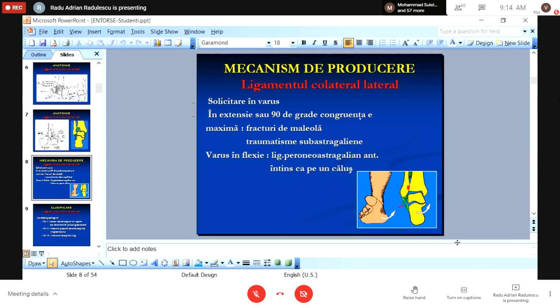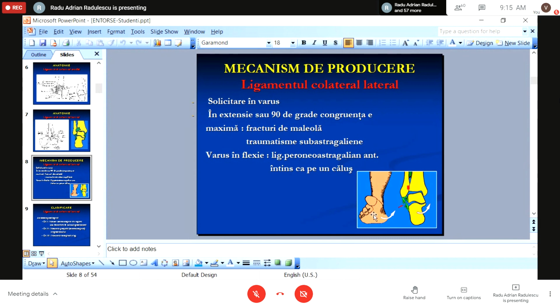The second situation is when the joint is forced in a position in which it doesn't normally have any range of motion. Coming back to the ankle, that would be, like you can see here in this drawing, forcing the ankle in a varus position. Normally, the ankle doesn't have varus or valgus movements.